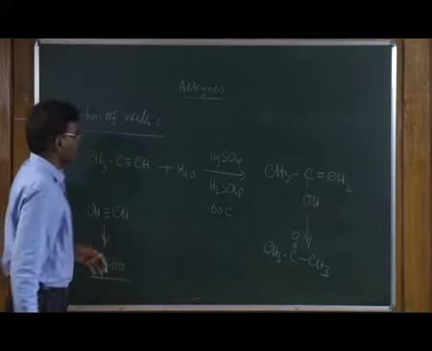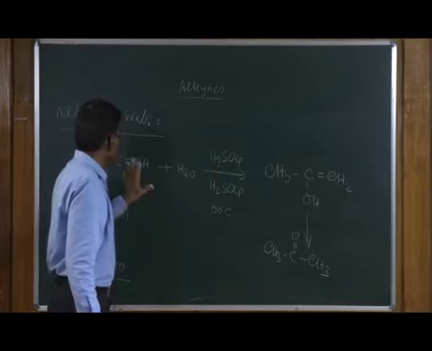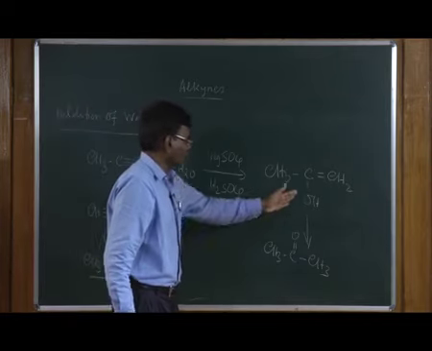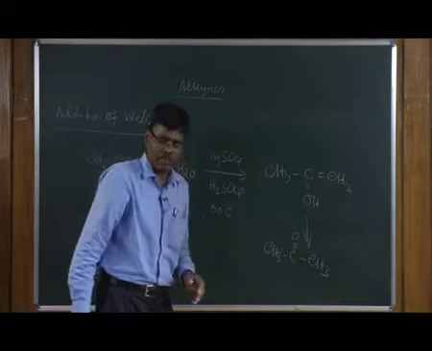This is a very important reaction. So, in the presence of HgSO4 and sulfuric acid, an alkyne can undergo addition with water to give this enol form, which can isomerize to give the carbonyl compound.